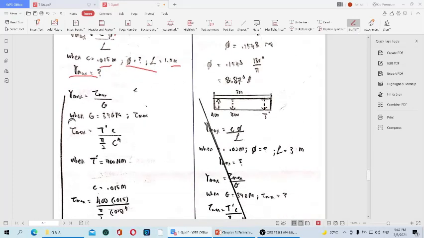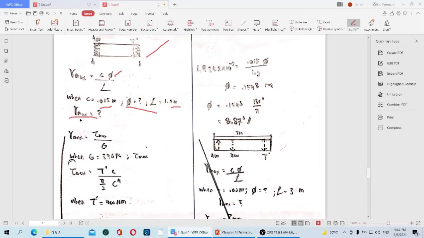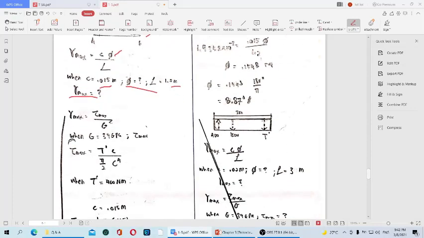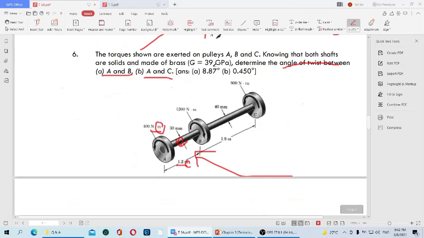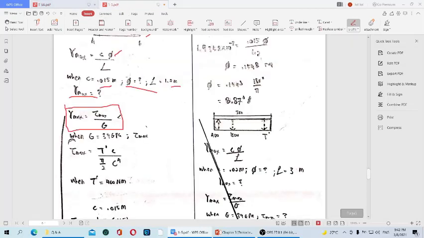Thus we need another equation that can find the value of the maximum shearing strain. We have another relationship for it: it is equal to tau maximum, the shearing stress, over G, the modulus of rigidity.